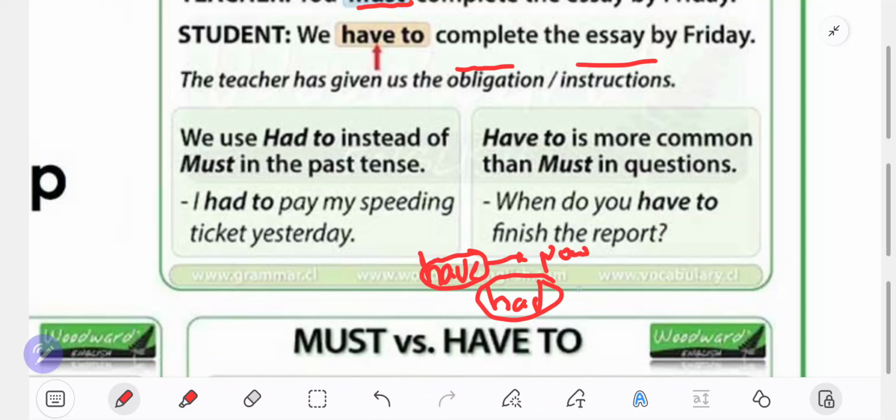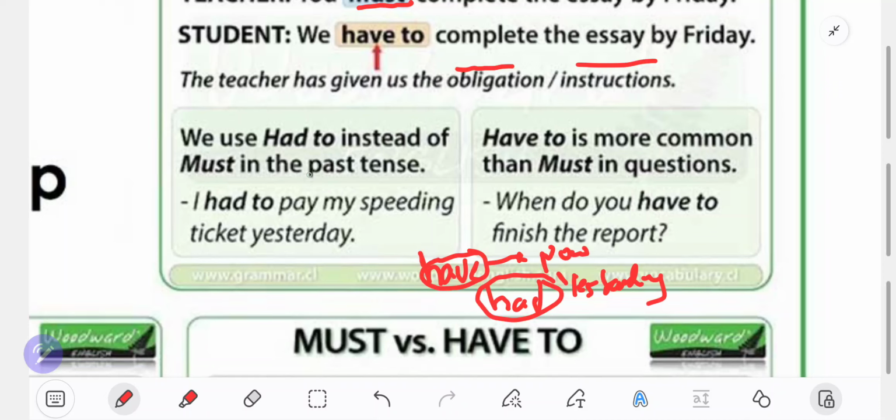Now, last time or yesterday. You have to remain, you must remain, have for present tense, and had is for past tense.